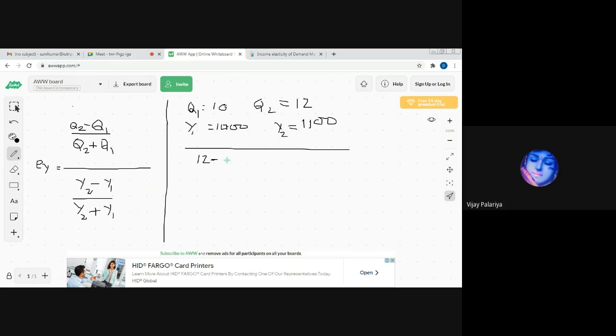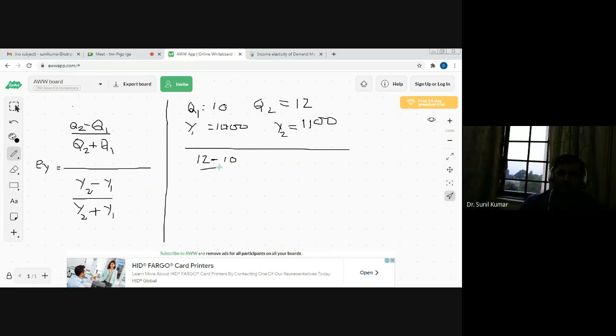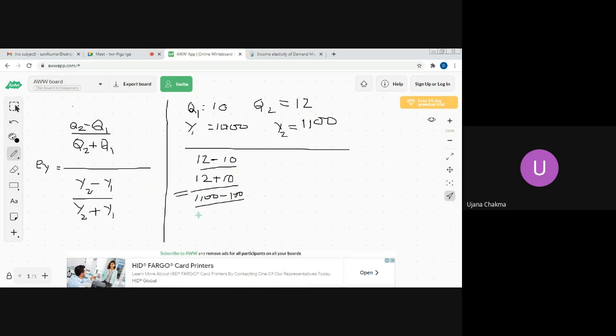So it is 12 minus 10 over 12 plus 10, and then 1100 minus 1000 over 1100 plus 1000.